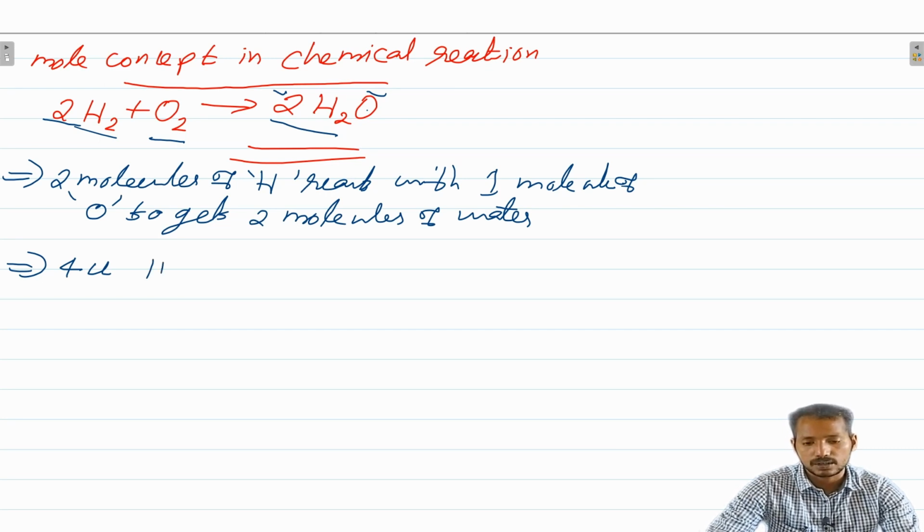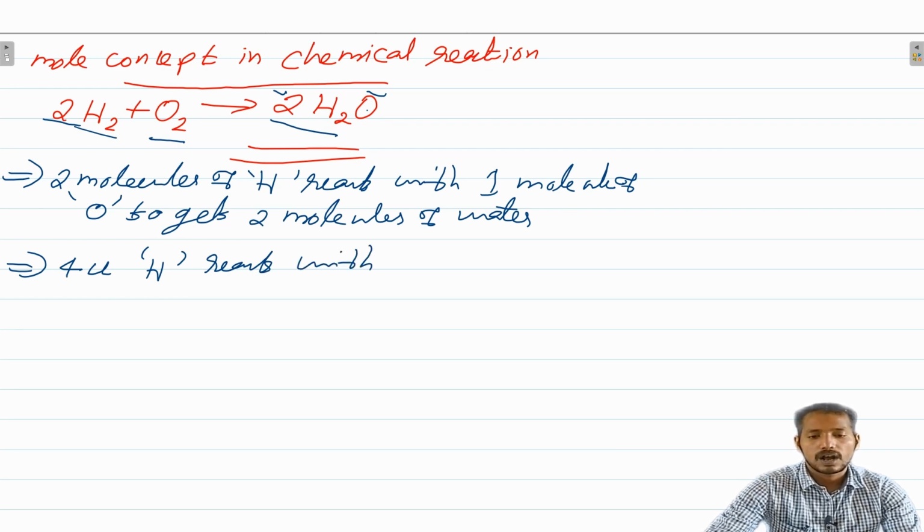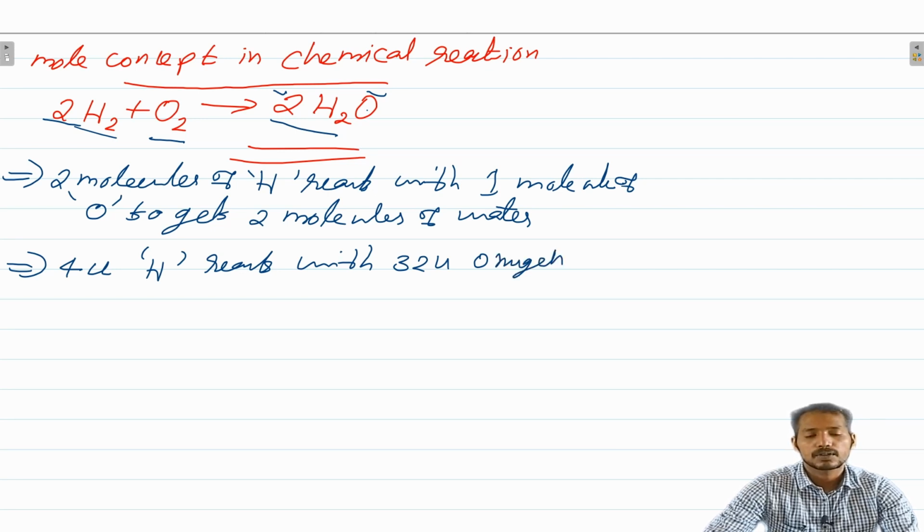So 4u hydrogen reacts with how many oxygen is there? 2 oxygen, that is 32. 2 into 16 is 32. So 32u oxygen to get water. 4 hydrogen is there on the right side, that is 4u, plus 2 oxygen, that is 32.